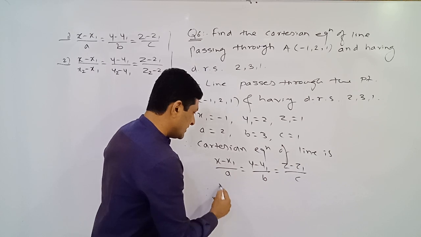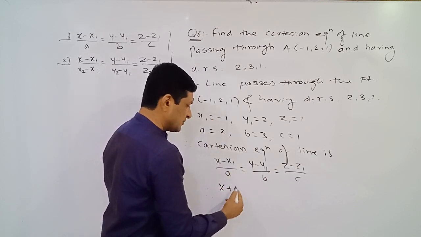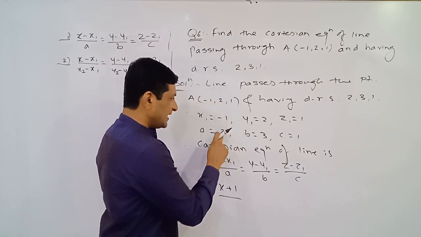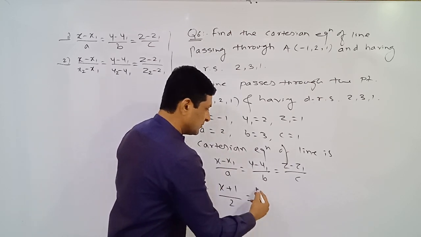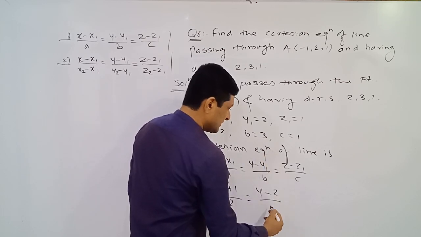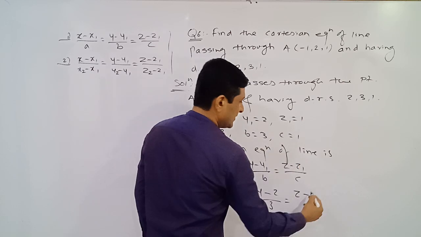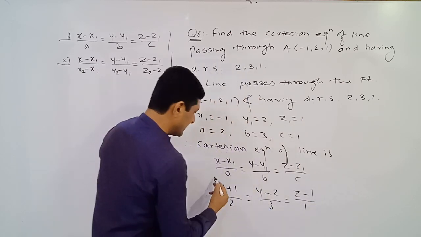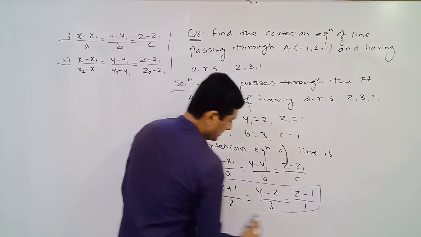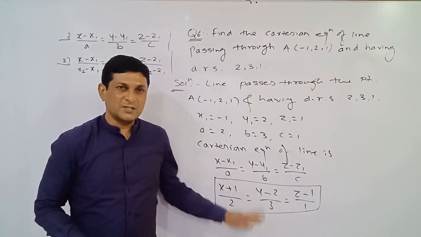So x minus x1, x1 is -1, so minus of minus becomes +1, upon a equal to 2, is equal to y minus y1, y1 is 2, upon b equal to 3, and z minus z1, z1 is 1, upon c which is also 1. In this way we have got the required Cartesian equation of the line.